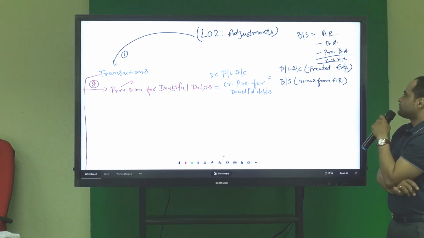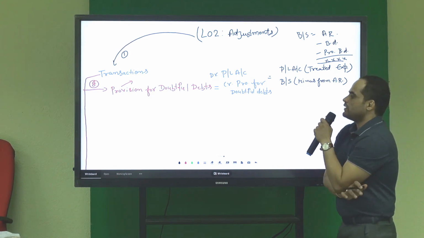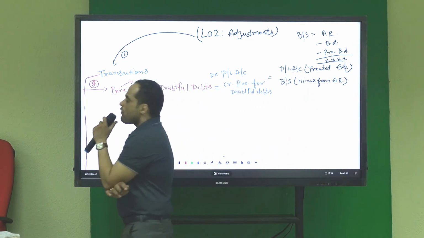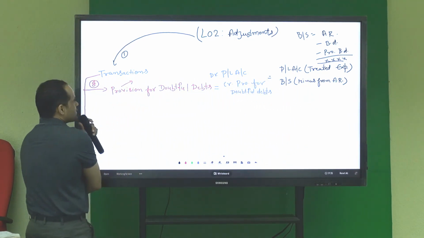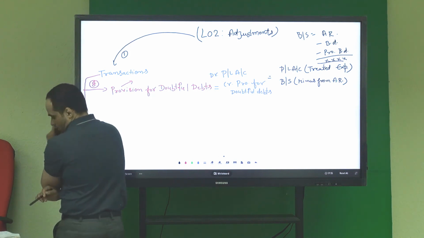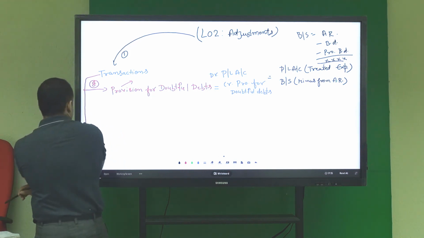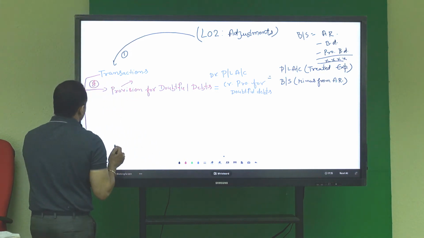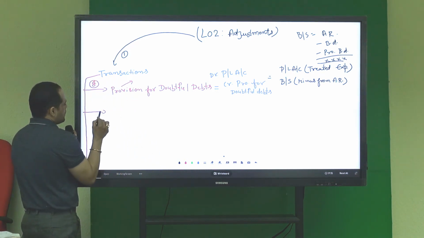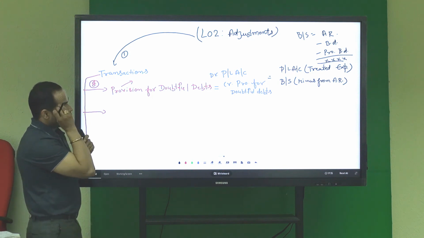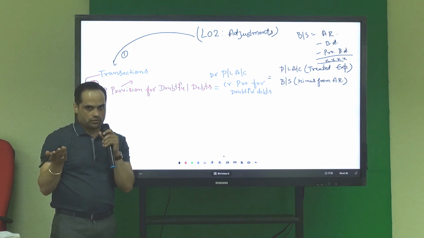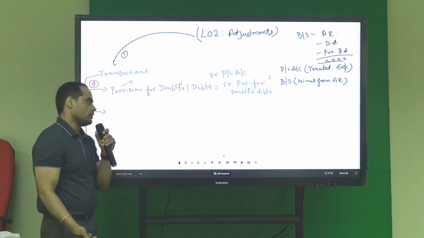That's the treatment for provision for doubtful debts. Now move on to the last adjustment, provision for discounts on debtors, or discounts on accounts receivable.